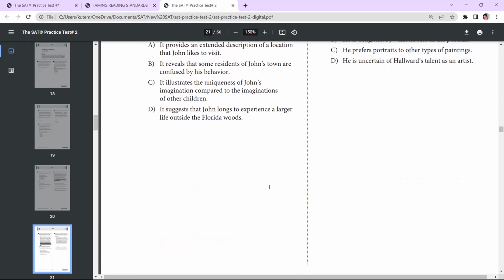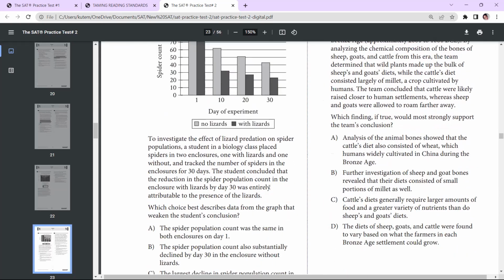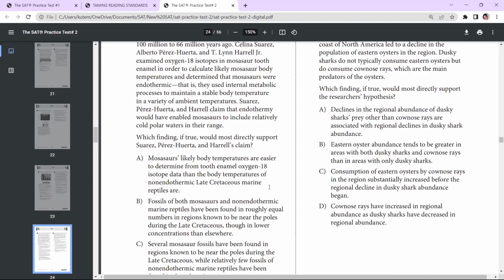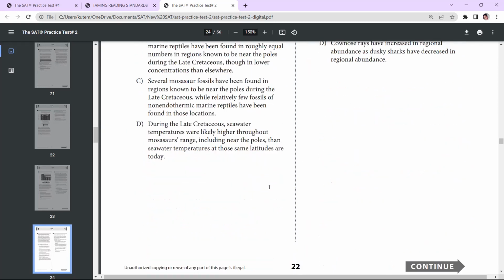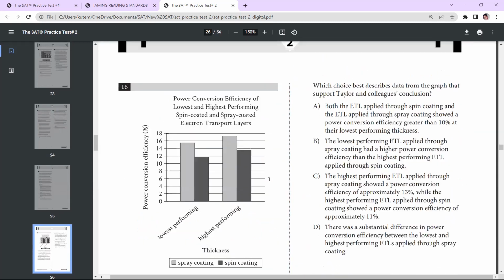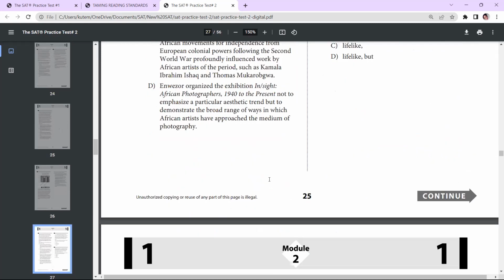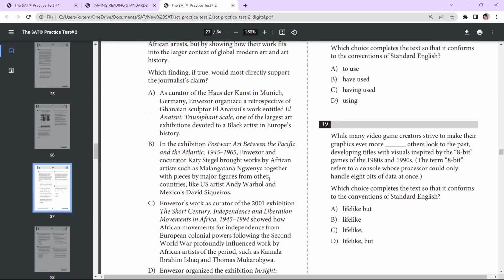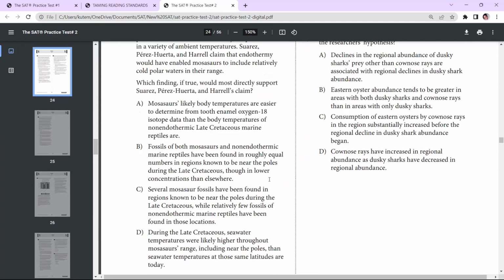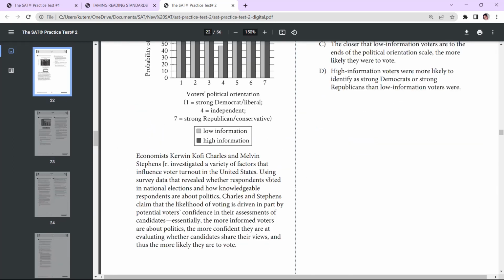Oh wait, let me see if there's a main idea question first. Evidence. Okay, so I don't see any main idea, so we'll do the function, which involves both, so it's a good way of practicing both main idea and function.